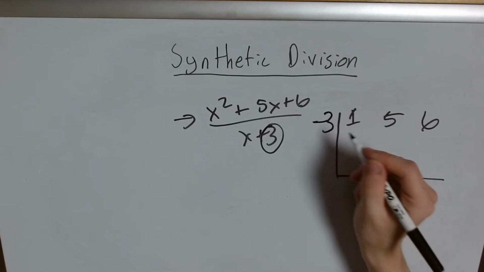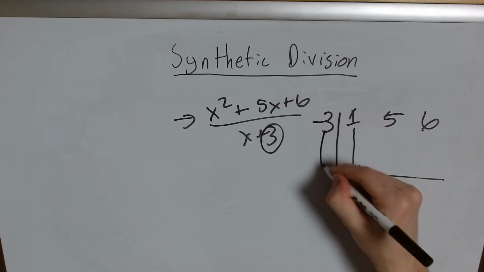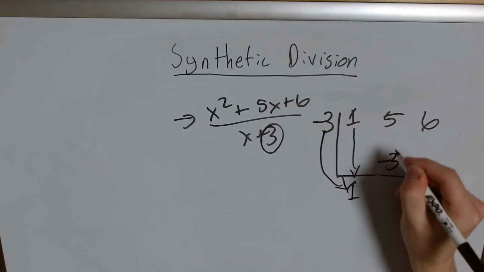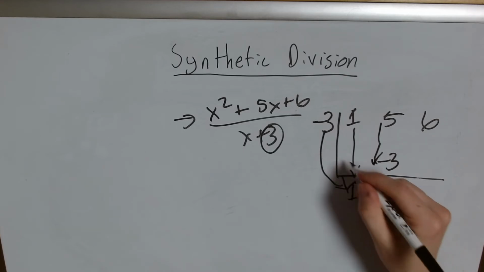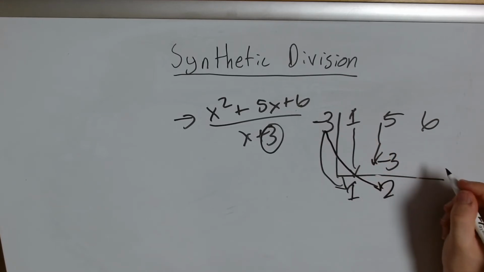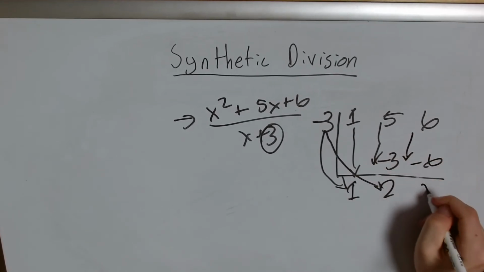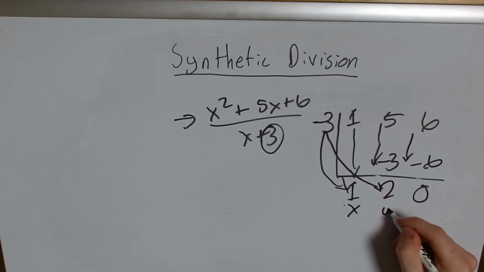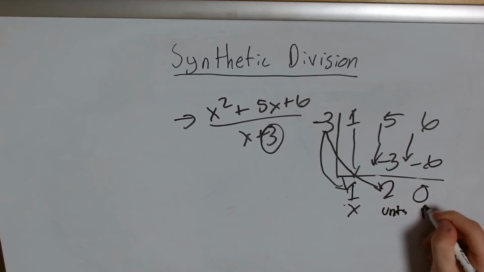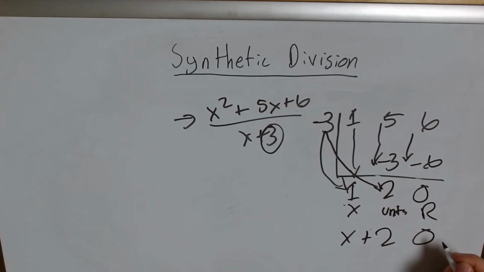That's negative 3. We're going to bring this 1 down, multiply this by this. That's negative 3. We're going to add our way down. 5 plus negative 3 is 2. 2 times negative 3 is negative 6. Adding all the way down, we have 0, right? This is our x column, this is our units column, and this is our remainder column. So we have 1x and 2, and a remainder of 0.